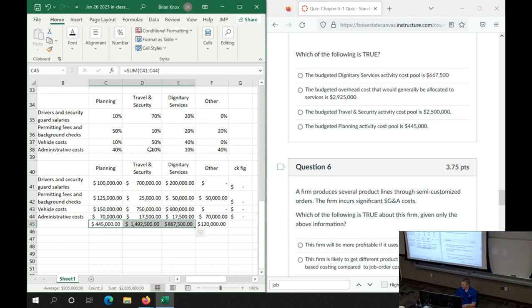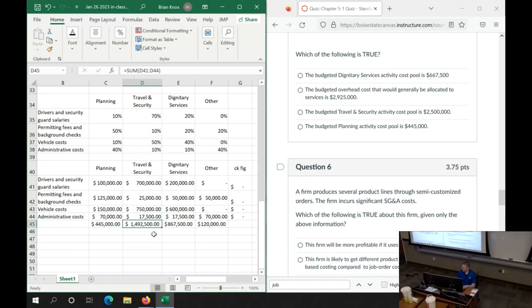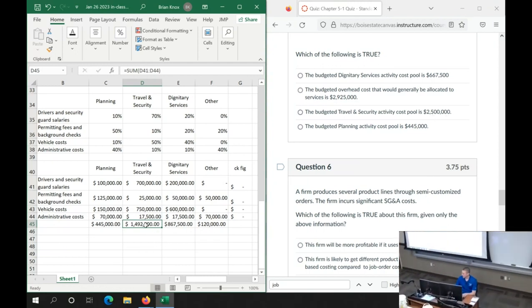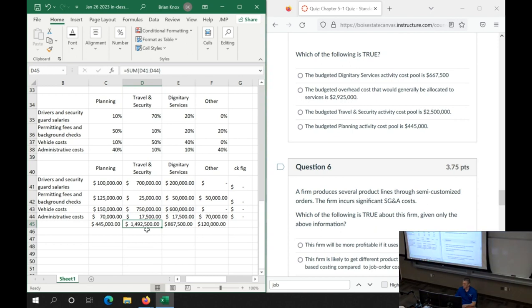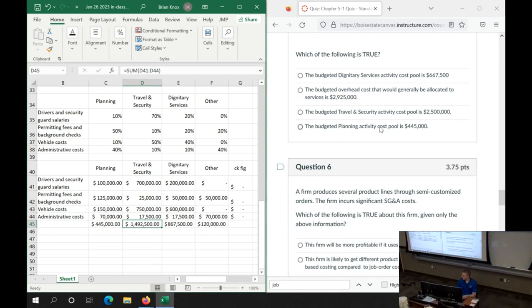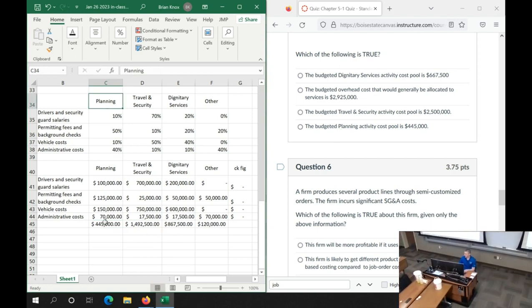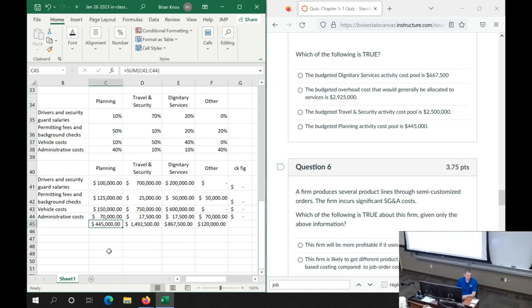Traveling and security, right here, also not equal to the one it says, right here. That says it's 2.5 million. That's false because it's 1.4925 million. The last one is the true answer. The planning activity has an activity cost pool of $445,000.